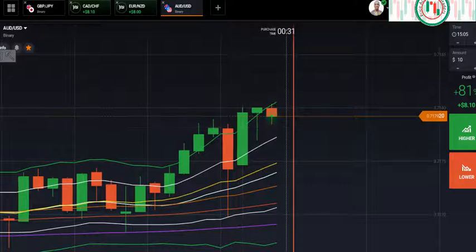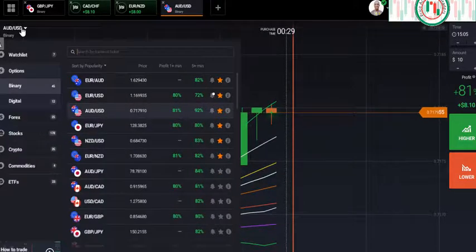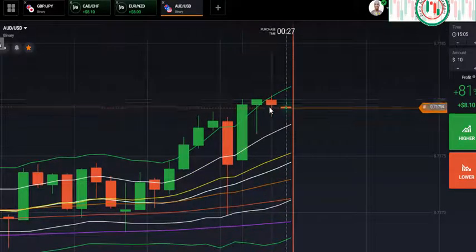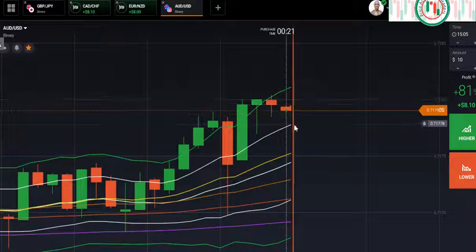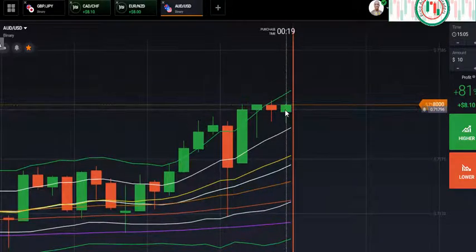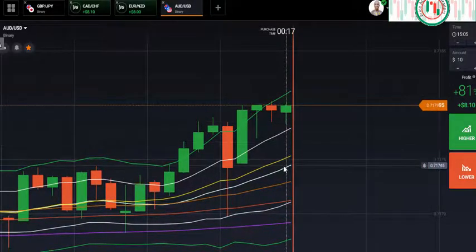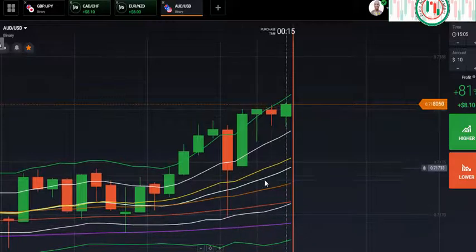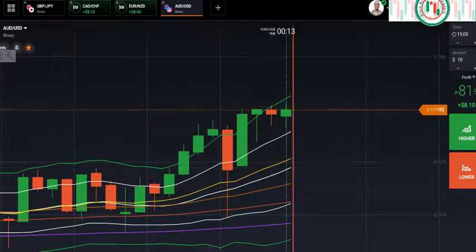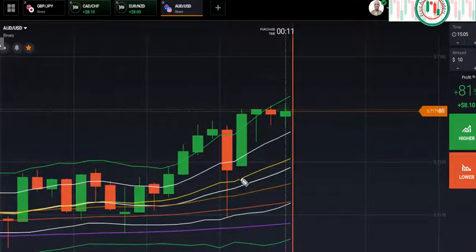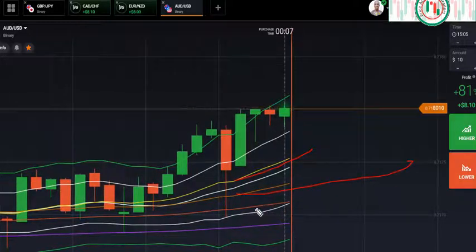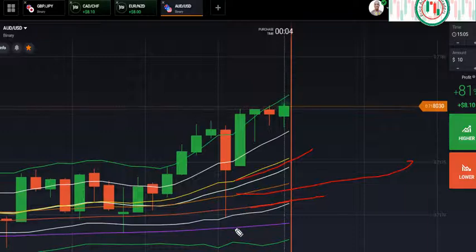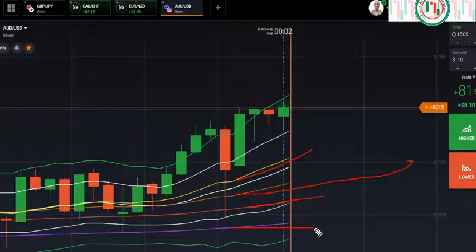So I'm late. Let's check another. You see, it's a weak candle. I would have won with this. So let's see what will happen with this candle. You see, these EMAs show the alignment 20, 50, 100, 200.